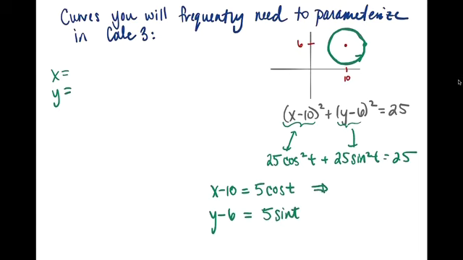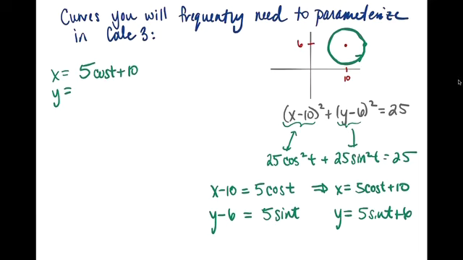And then you can solve for x. That means x is 5 cosine t plus 10, and y is 5 sine t plus 6. This should make sense, because originally when our circle was centered at the origin, we just had 5 cosine t, 5 sine t, but now we need to move the bug over 10 in the x direction and up 6 in the y direction before it starts moving around the curve.